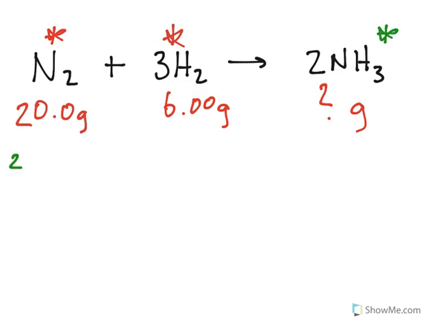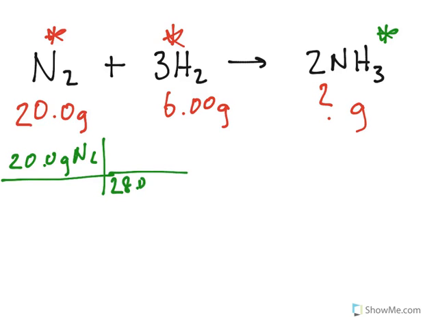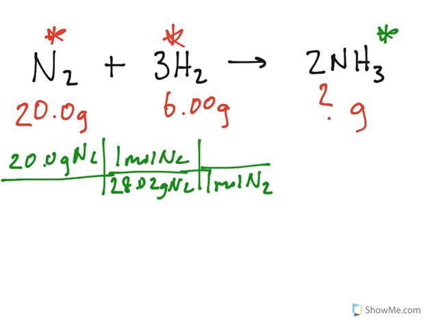We have 20.0 grams of nitrogen. Again, its molar mass is 28.02 grams of nitrogen in 1 mole of nitrogen. 1 mole of nitrogen produces 2 moles of NH3.